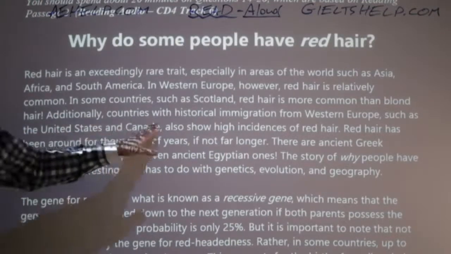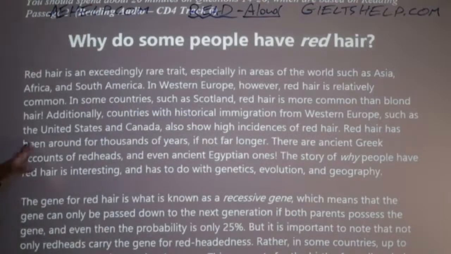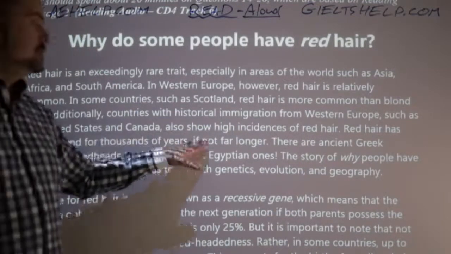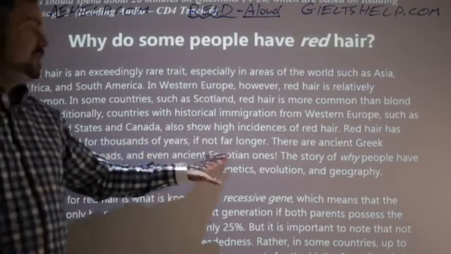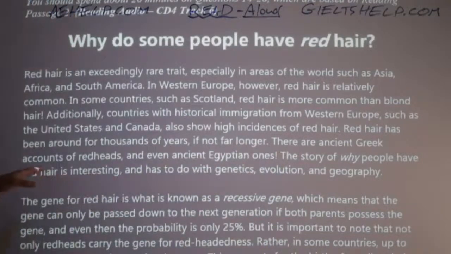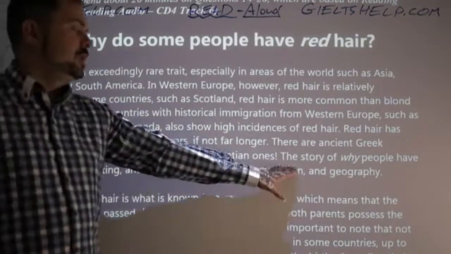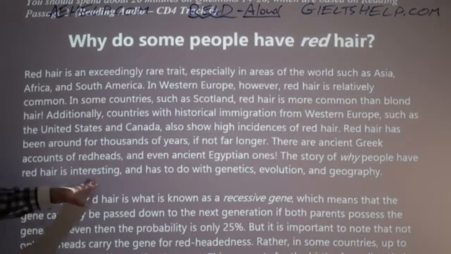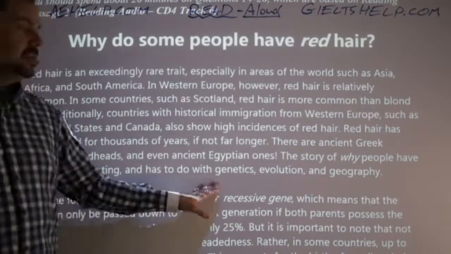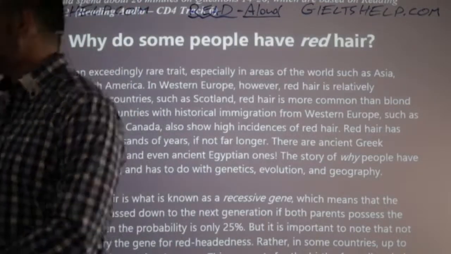Additionally, countries with historical immigration from Western Europe, such as the United States and Canada, also show high incidences of red hair. Red hair has been around for thousands of years, if not far longer. There are ancient Greek accounts of redheads and even ancient Egyptian ones. The story of why people have red hair is interesting and has to do with genetics, evolution, and geography.